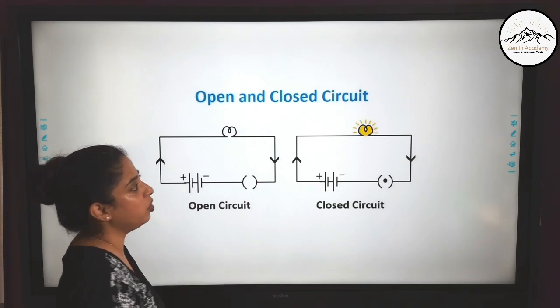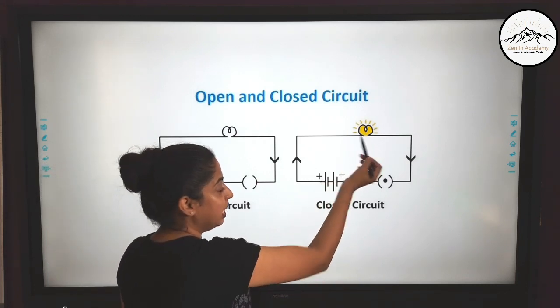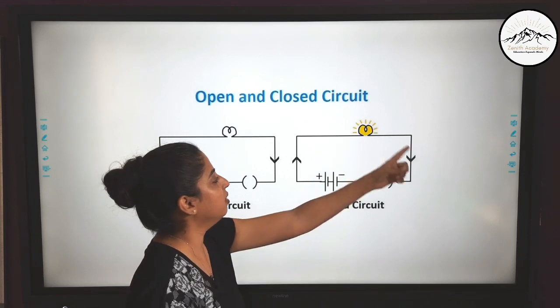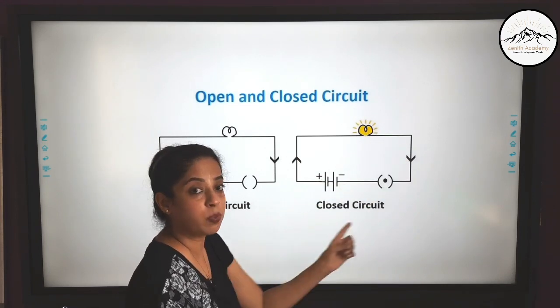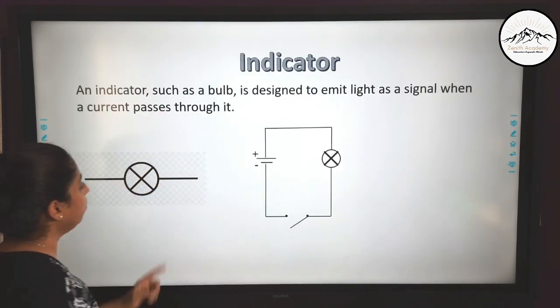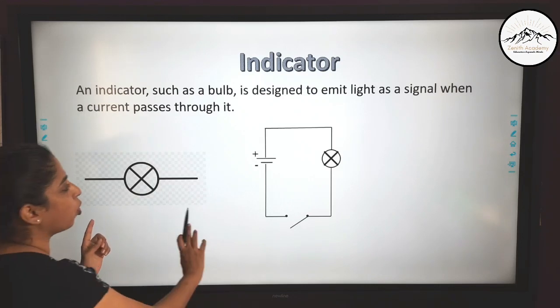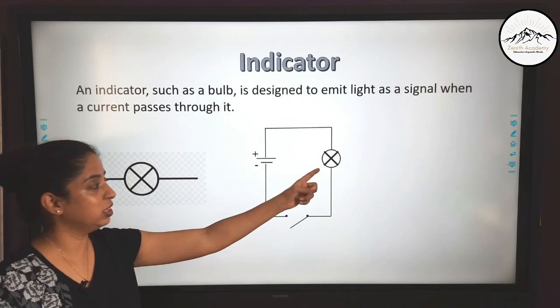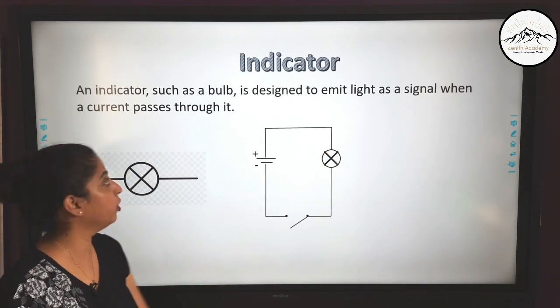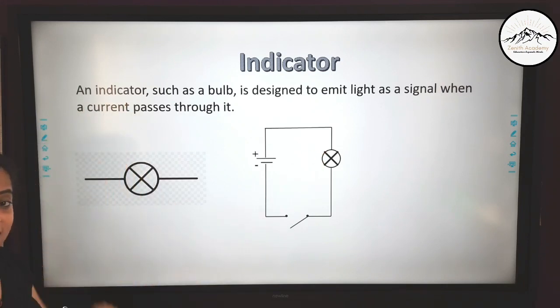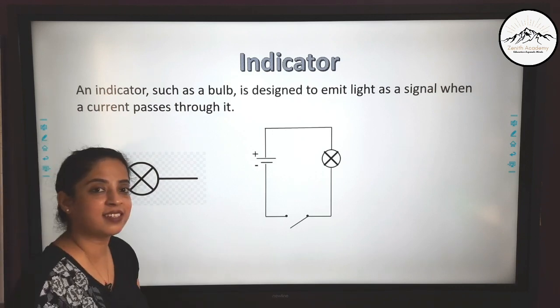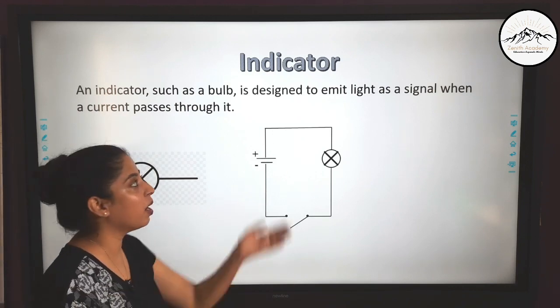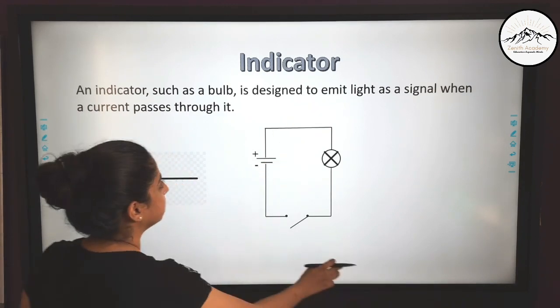So from here we know that this is an indicator that the current is following a closed path. Most of the times we don't draw bulbs like this, we draw a symbol like this. This is the symbol of a bulb that we use. This is also called an indicator because it indicates that the current is flowing by emitting light.